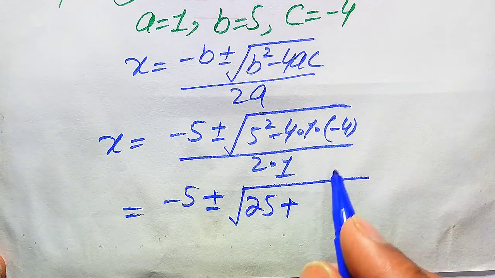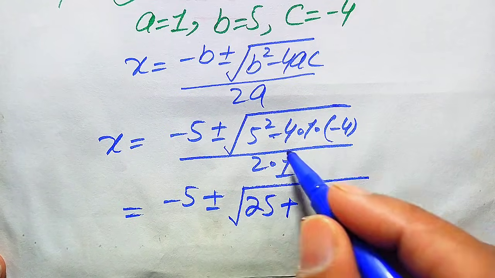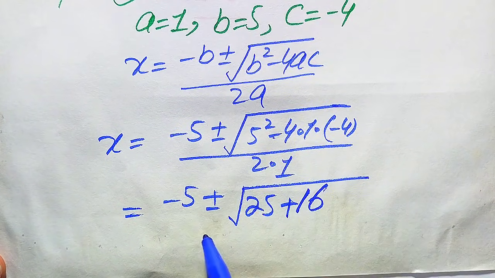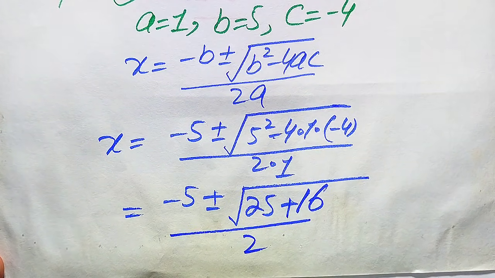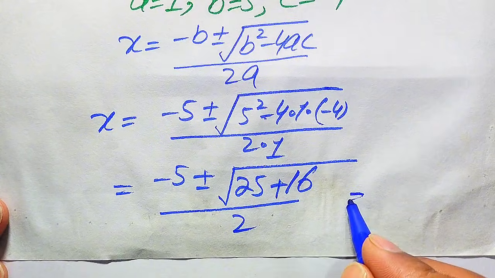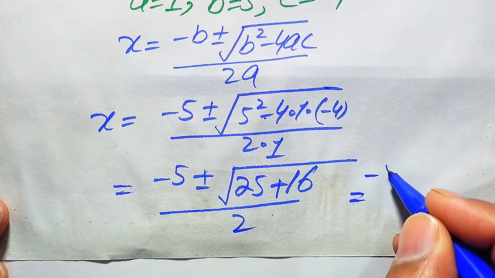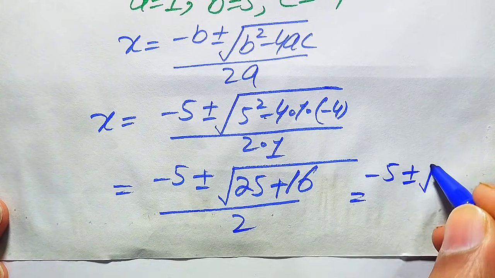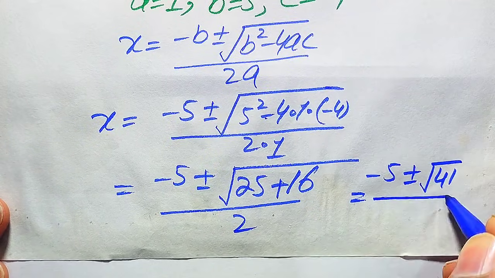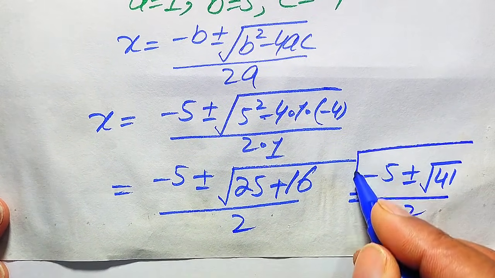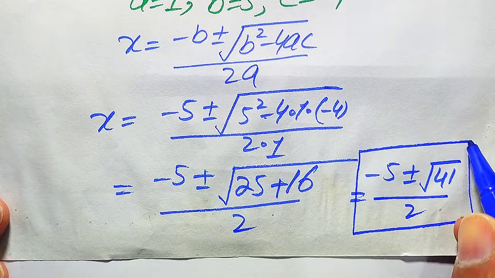This is minus and minus becomes plus, and 4 times 4 becomes 16, and it is divided by 2. And here we get minus 5 plus minus square root of 41 divided by 2. So these are the other two real roots of the given equation.